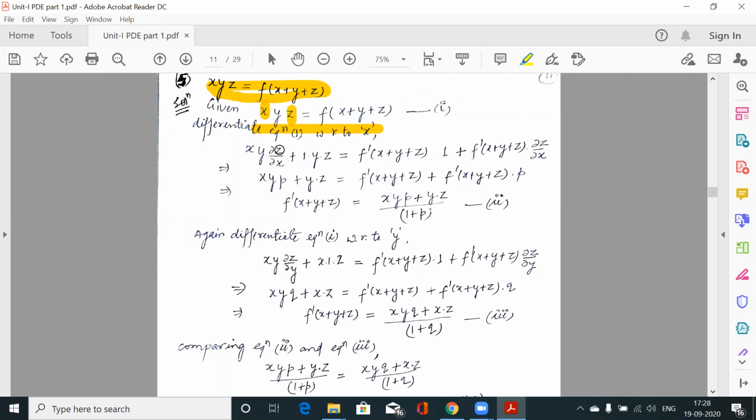So we differentiate by the rule first into second function: x into y into differentiation of z, del z over del x, plus now yz as it is, and differentiation of x is 1.